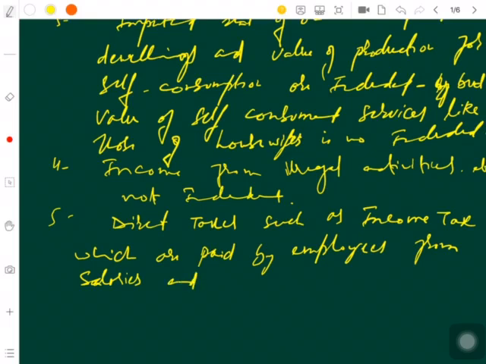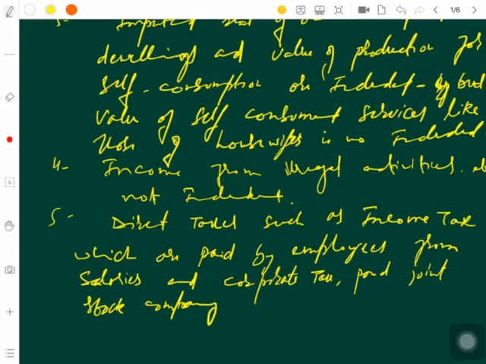And the second one is the corporate tax. Who pays corporate tax? It is paid by joint stock companies, from their profit.